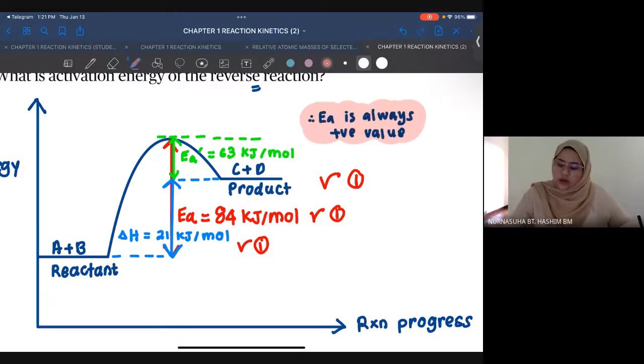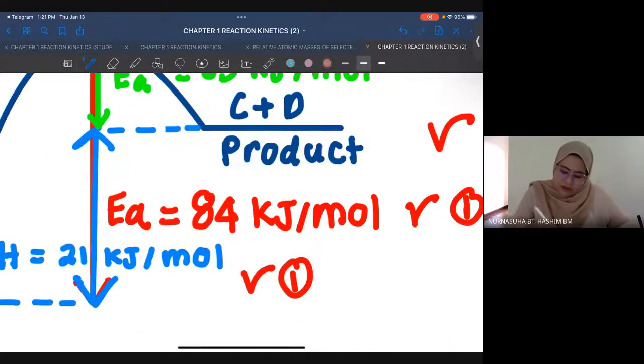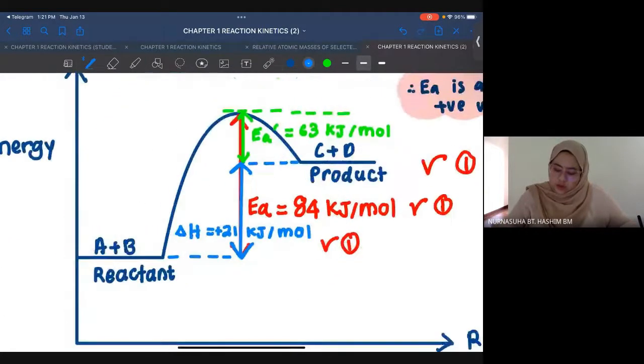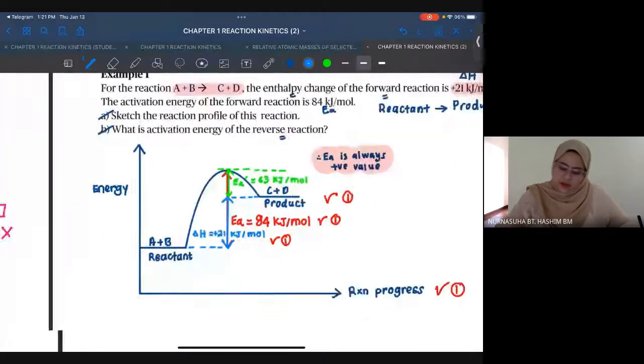So, kalau dia dah mesti positif, maksudnya you tulis ke tak tulis tak apa. Tapi yang wajibnya, yang kena ada sign yang ni, delta H ni. Okay, delta H tu wajib ada sign. Tulislah kat sini.